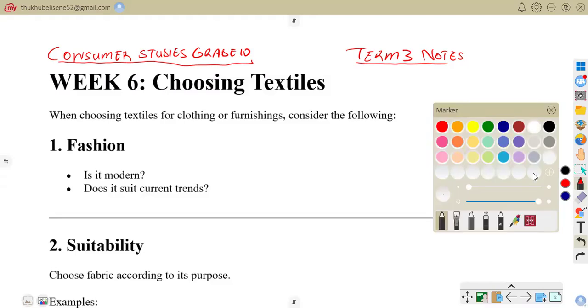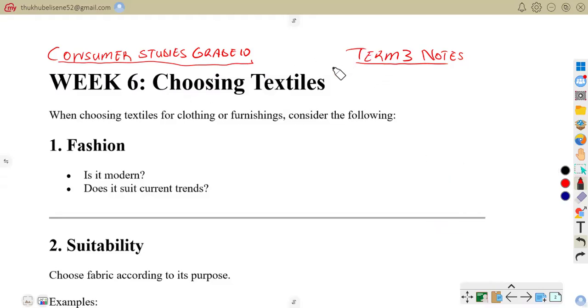We are still on Consumer Studies Grade 10, Term 3 notes. In this presentation, we are going to talk about choosing textiles. When choosing textiles for clothing or furnishings, consider the following.